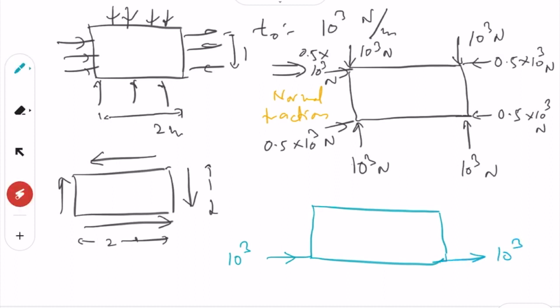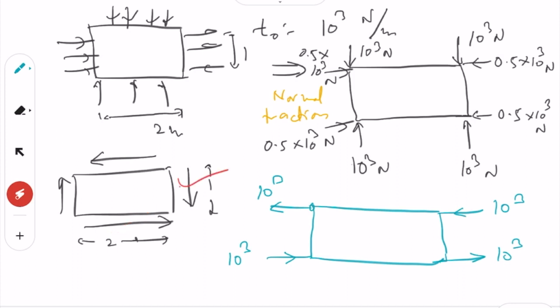So half the total force, this length 2 multiplied by 10 to power 3, half goes here, half goes here. So this is done. This one is the same as this one, but in the other direction. So we will have like this one. So 10 to power 3, 10 to power 3.